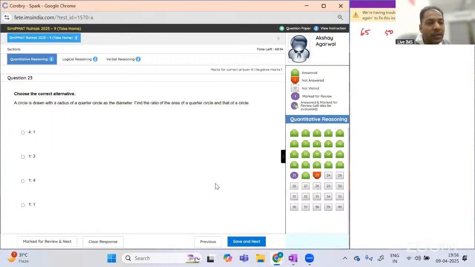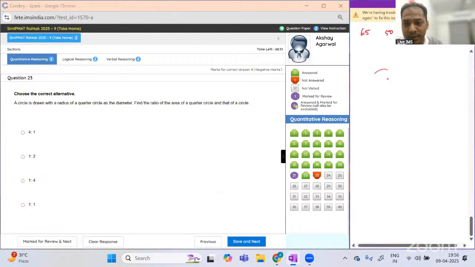A circle is drawn with the radius of a quarter circle as diameter.